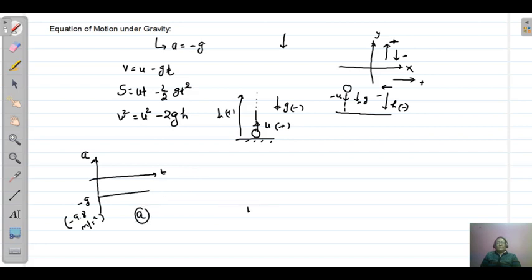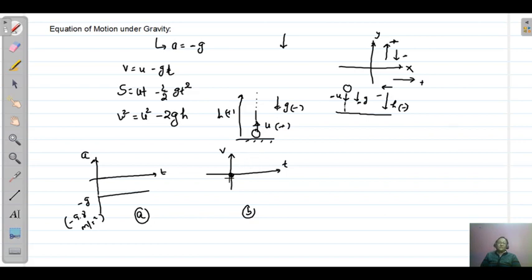Similarly, we can draw the velocity time graph. Suppose an object is released from the top of a tower. Then initially its velocity will be 0 and it will move downward.